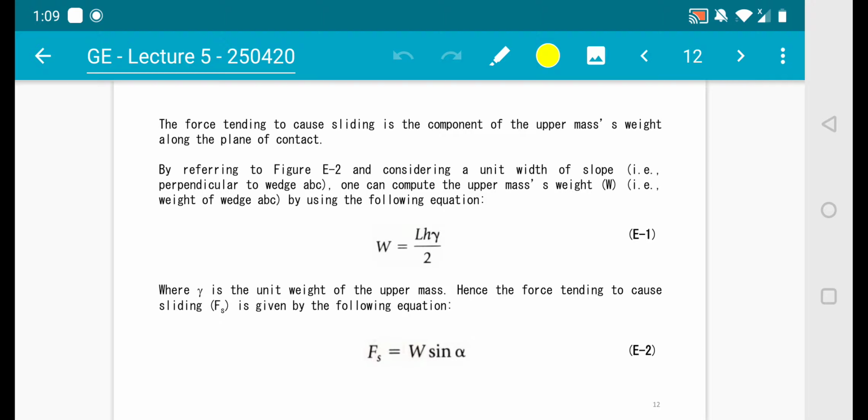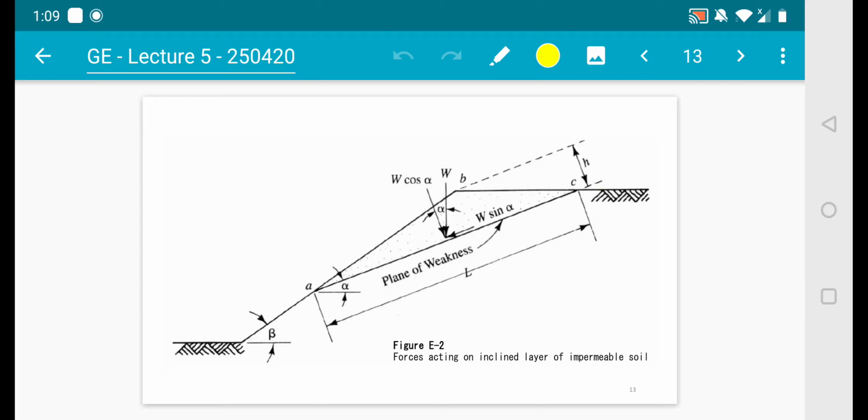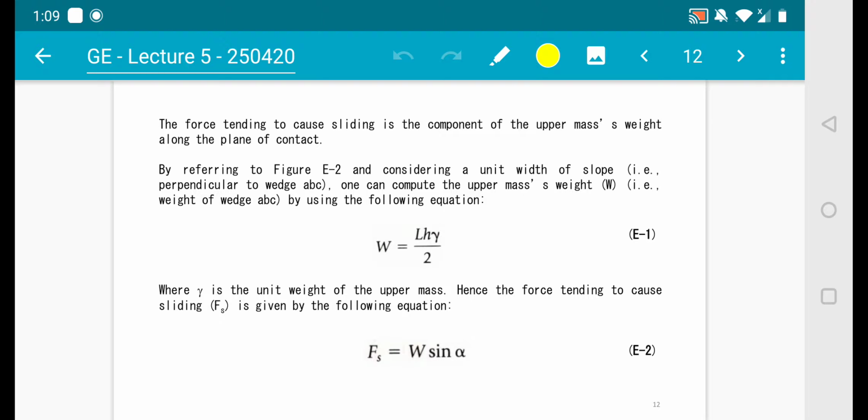Now the force tending to cause sliding is the component of the upper mass weight along the plane of contact. So it makes sense. Now, by referring to figure E2, and considering a unit width of slope, one can compute the upper weight by using the following equation.